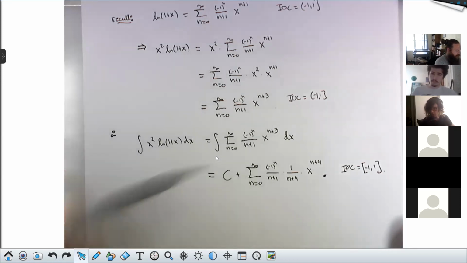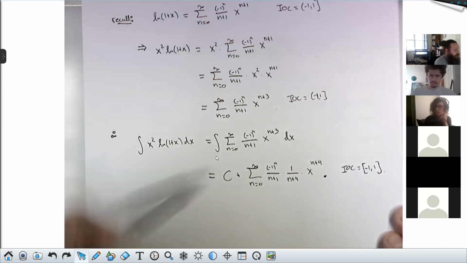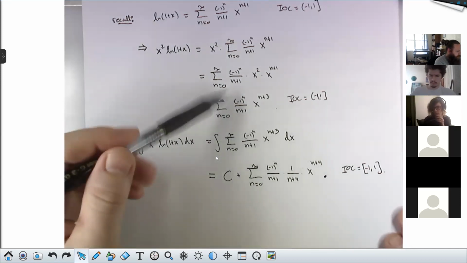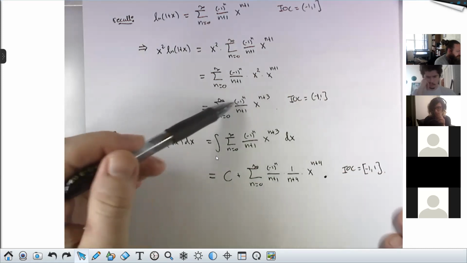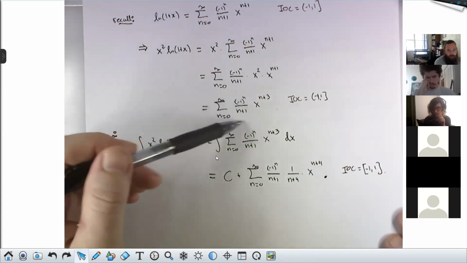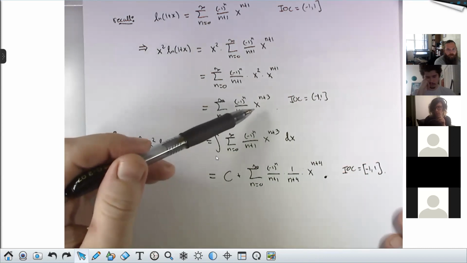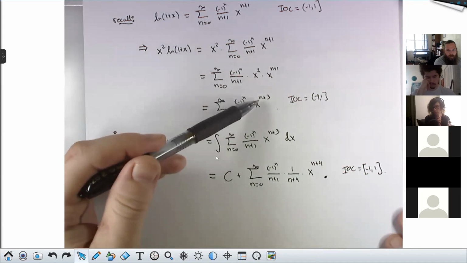So what happens, this is actually pretty fascinating. If you think about it in this context, the series we began with, if you plug in 1, you get -1 to the n over n plus 1. That will converge as an alternating series. If you plug in -1, you would get -1 to the n times -1 to the n plus 3.